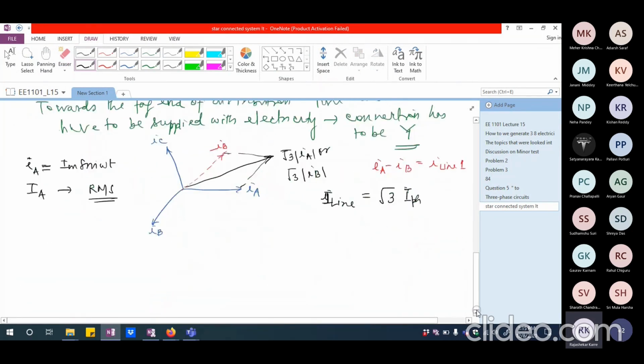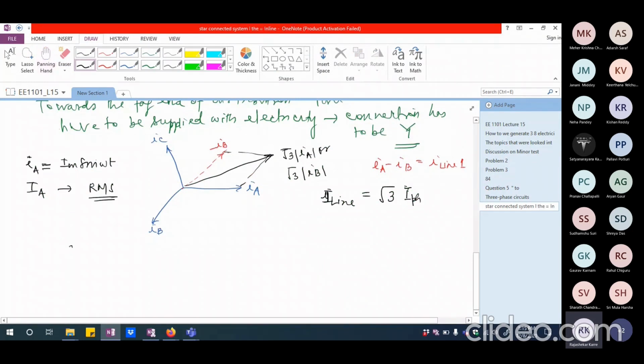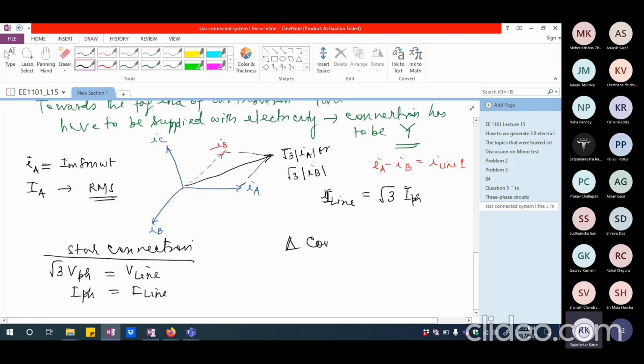So just to reiterate, I would say in star connection, I am going to have V phase multiplied by root 3 equal to V line. And I'm going to have I phase equal to I line. Whereas in delta connection, I am going to have V phase equal to V line.